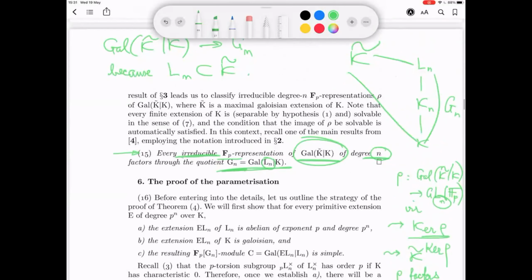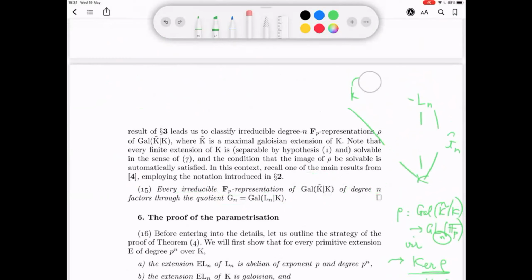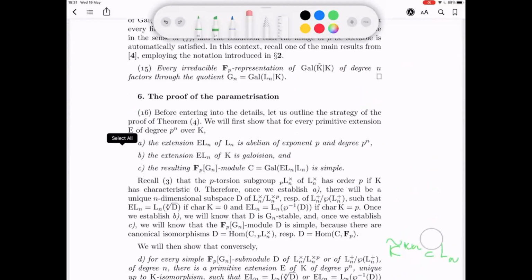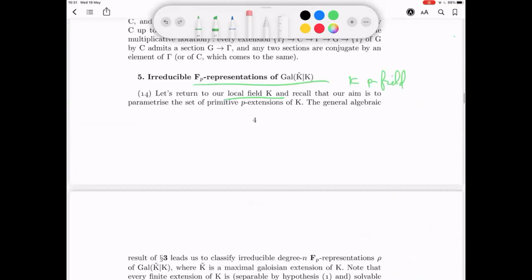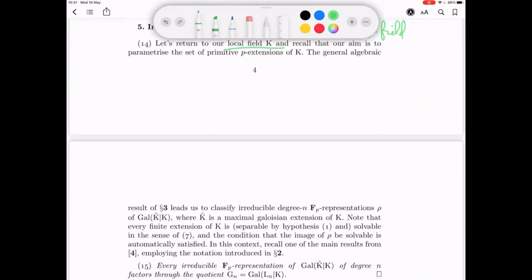Another way of saying it is, let's look at it this way, that's somewhat simpler, in fact. As I said, I have this map from the absolute Galois group to Gn. Why do I have this map?